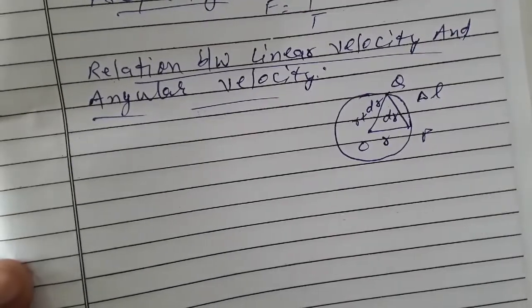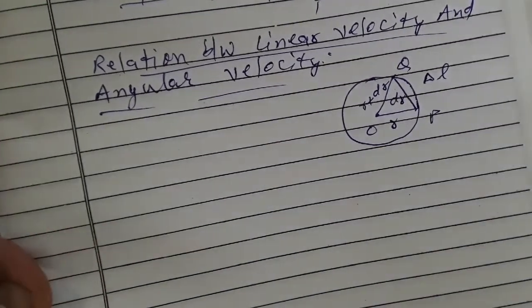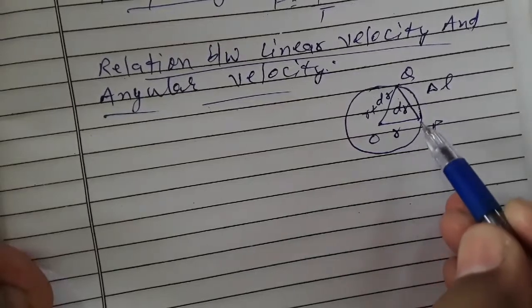Now the next topic is the relation between linear velocity and angular velocity. Suppose the object is moving in a circular path.